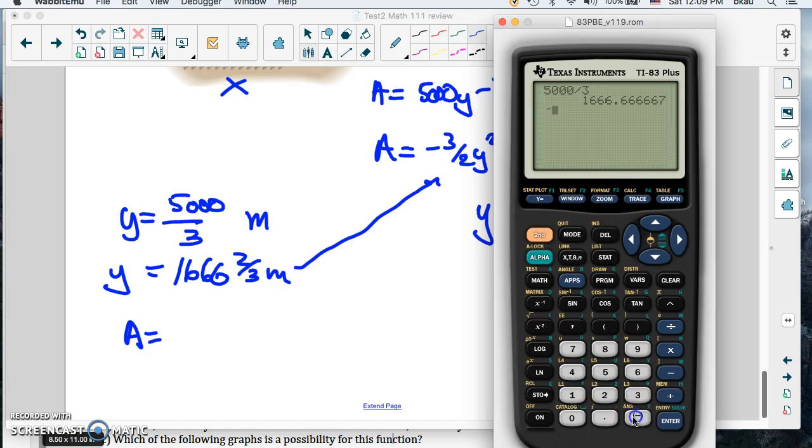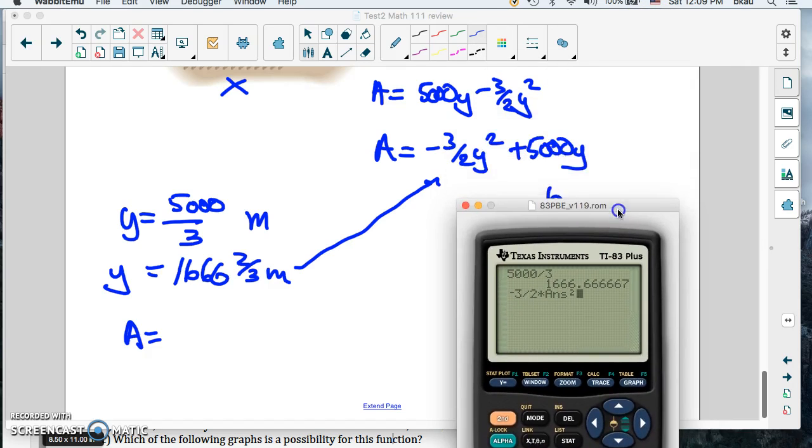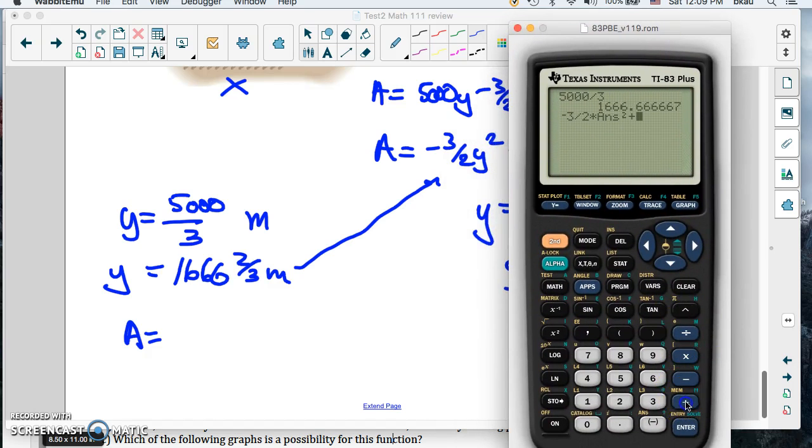So negative 3 halves times, in this case I have the answer right here, so I'm going to use my answer button here, second answer, so I don't have to type it in, squared, and then plus 5,000 times the answer. So, oops, second answer.